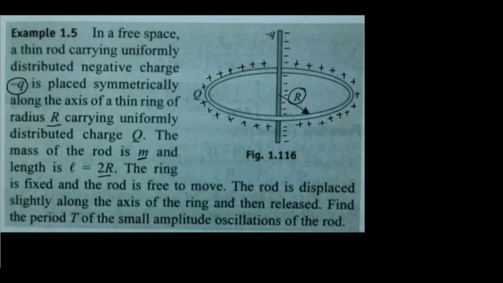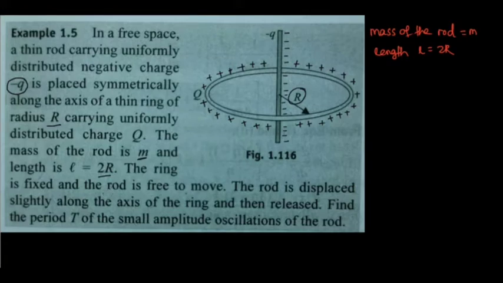So it is given that the mass of the rod is equal to m, and the length of the rod is how much? L equal to 2r. Means the length is twice the radius of this ring.